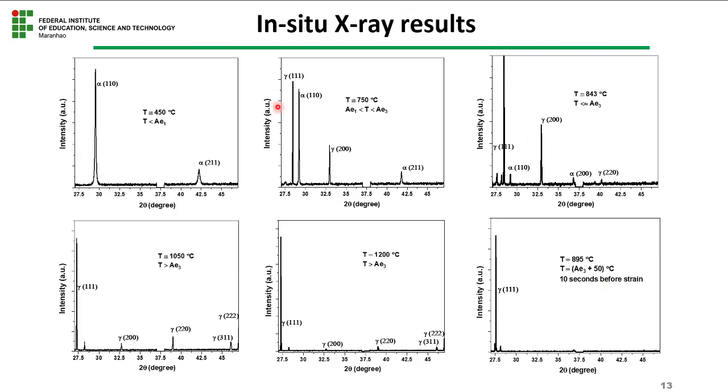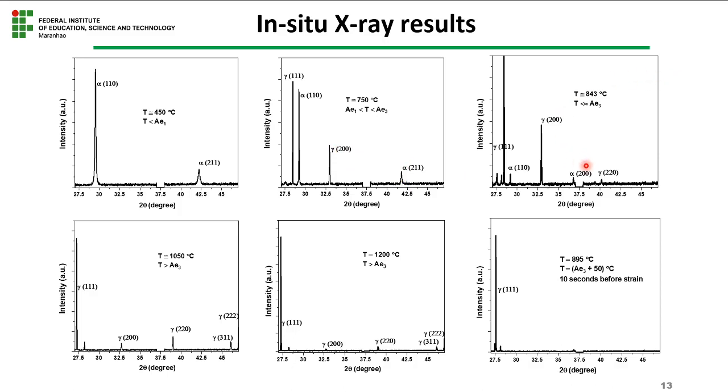So, the X-ray diffraction result. To guarantee that everything was measured accurately, you can see that at a temperature around 450 centigrade below the A3 line, I expect only ferrite. You see only ferrite. Between the A1 line and A3 line, when the sample was heating to the austenite temperature, we have the double phase, austenite and ferrite.